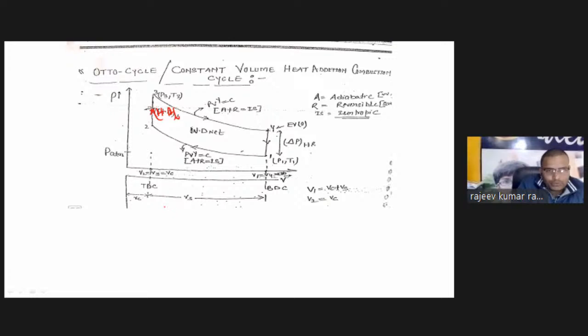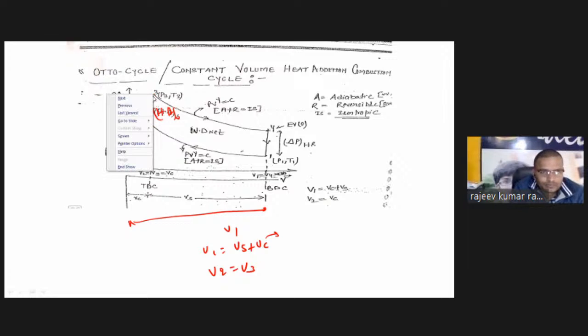So you have to know, from there to there, this one is V1. V1 you can say is Vs plus Vc. Vc is called the clearance volume. Here we can say V2 equals V3. In 2 and 3, constant volume is there, so V2 equals V3 equals Vc.